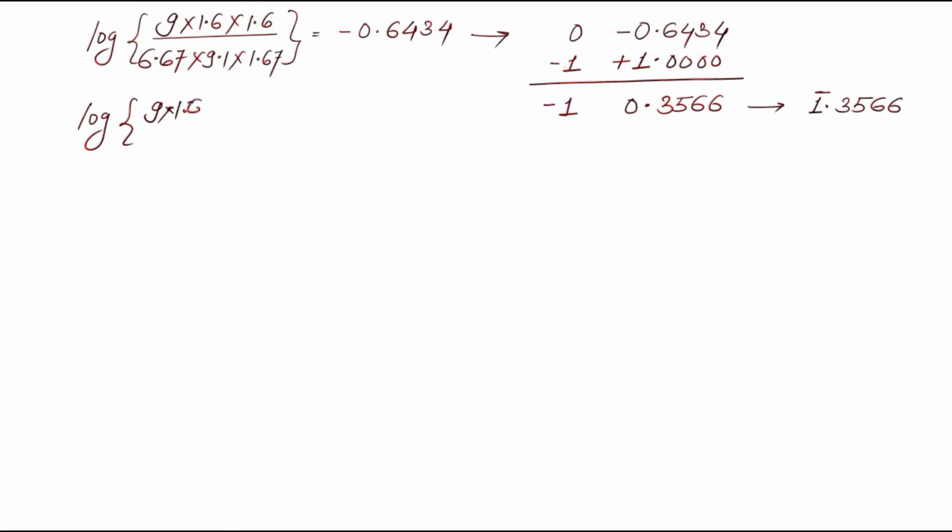9 into 1.6 into 1.6 upon 6.67 into 9.1 into 1.67, which can be written like this.